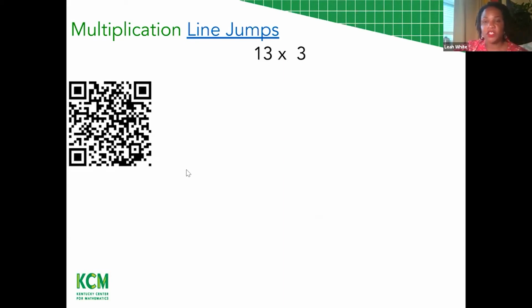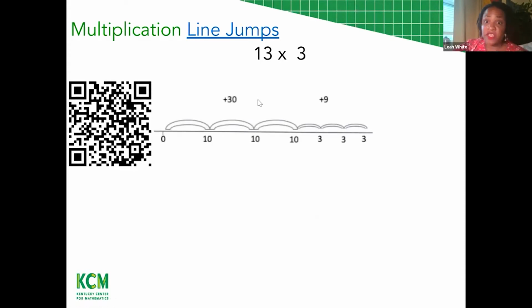But before I go there, I just wanted to show you an example of what I mean with a 2-digit by 1-digit. The strategy here with the line jump is to decompose this number and think of partial products. I can decompose 13 as 10 and 3, right? And then I can show this on a number line with 3 hops of 10, 1, 2, 3, and then 3 hops of 3, 1, 2, 3, and then combine those together.